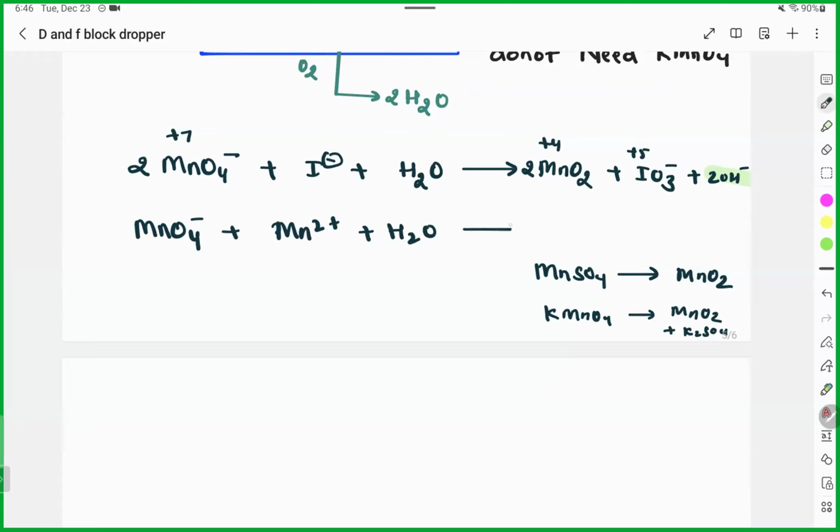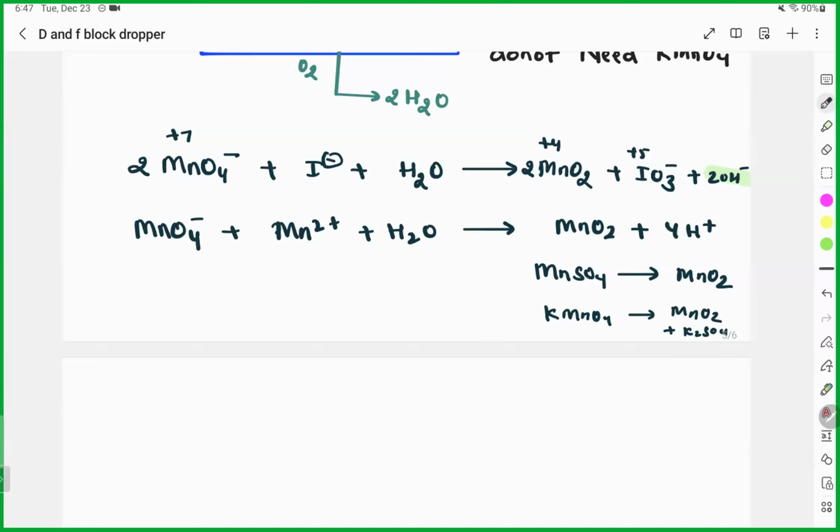Why? You want to maintain basic medium. So what will happen in this case? It is correct. Still not balanced.